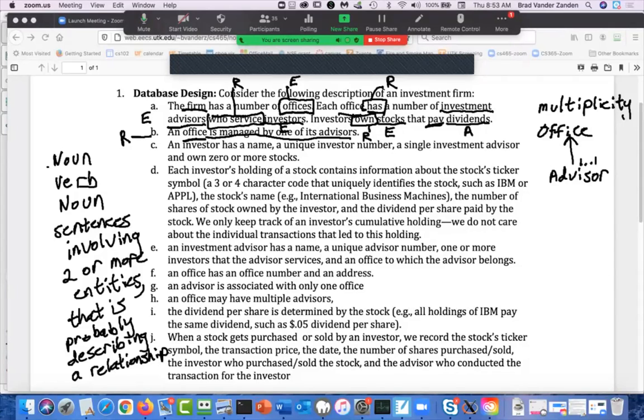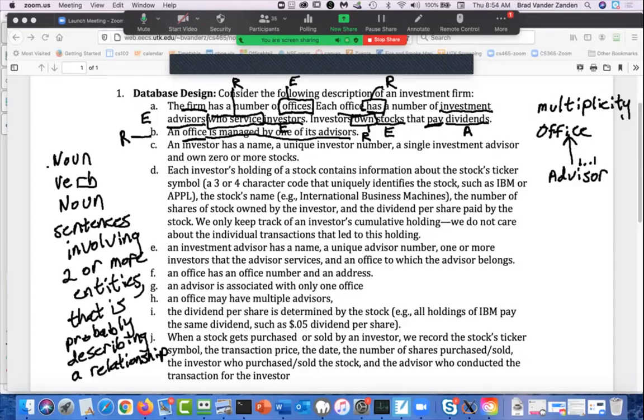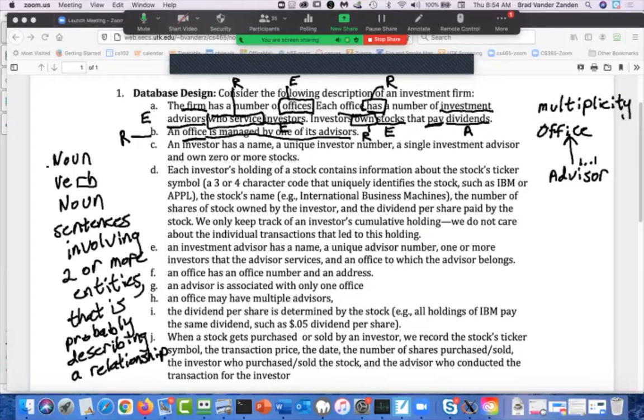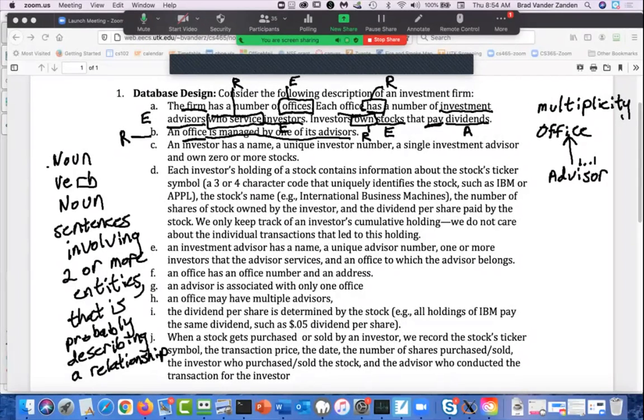Now, C is saying an investor has a name, a unique investor number, a single investment advisor, and owns 0 or more stocks. So we already got the fact from A that an investor has an advisor and that they own stocks.